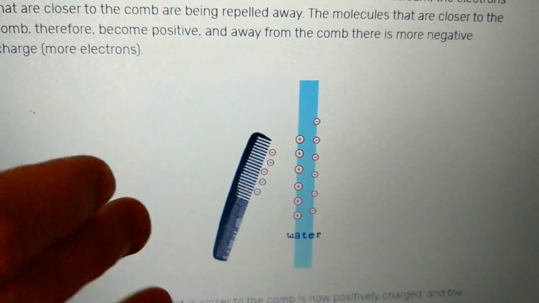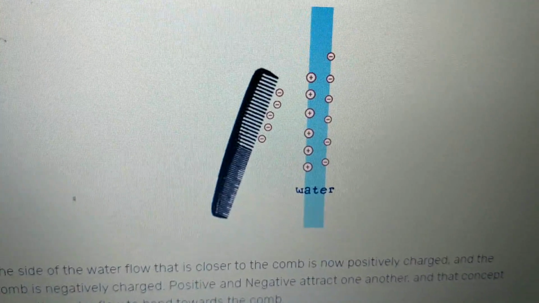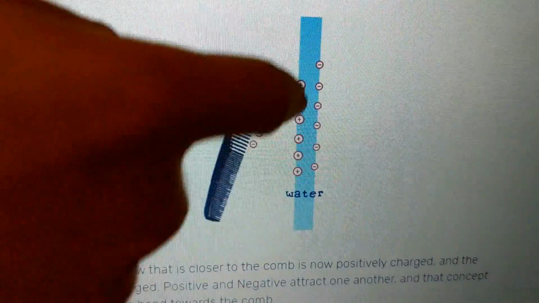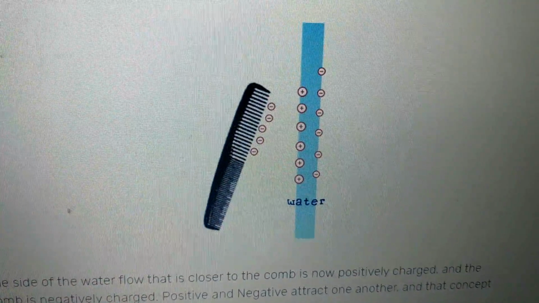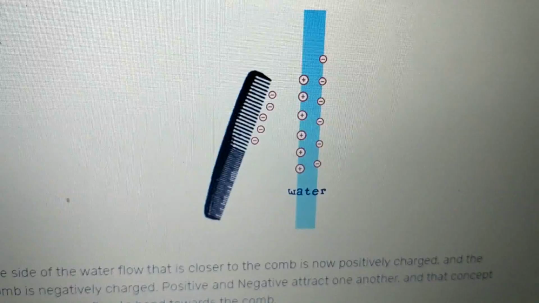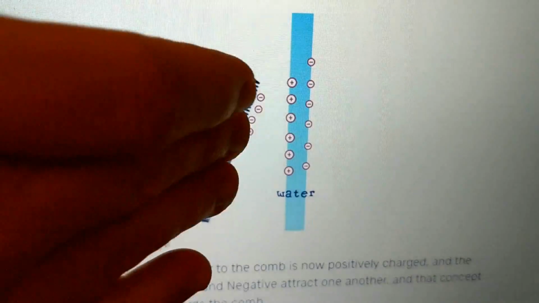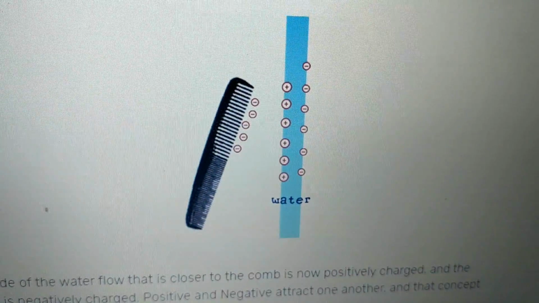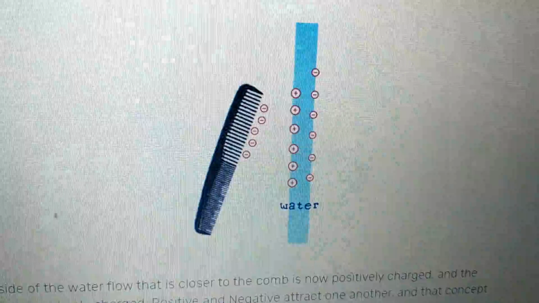Now, when you bring the comb or the balloon closer to the water stream, all your particles separate. So your positively charged particles go on the side closer to the comb or balloon, and the negatively charged particles go on the opposite side.